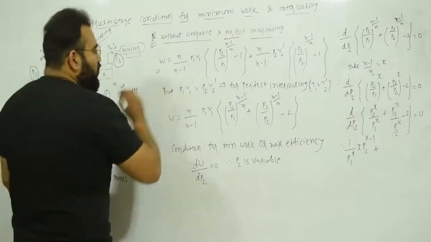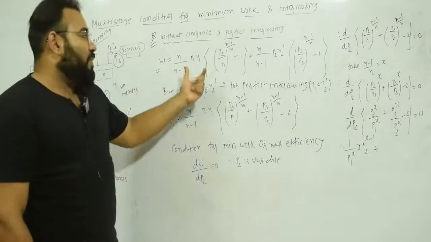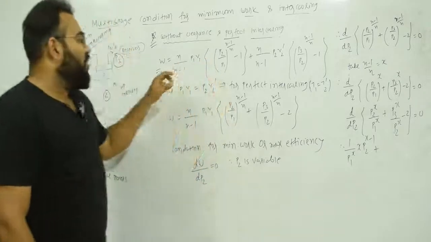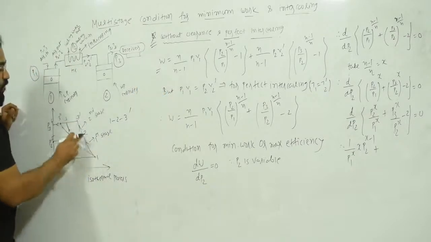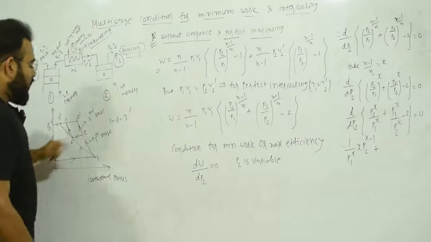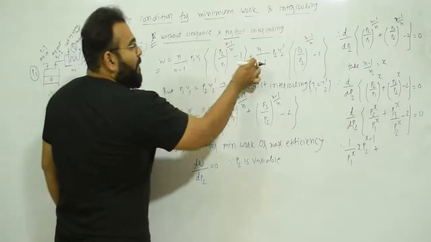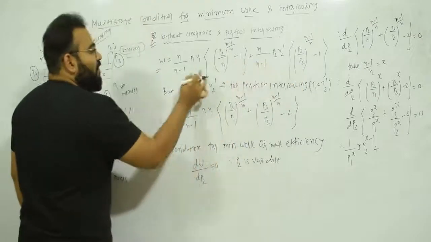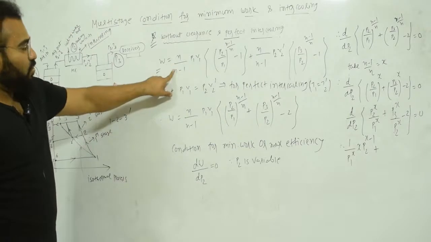Work done for two-stage compression, remember this equation, because this is the equation of single stage. First we will see the first stage, from 1 to 2. Here it is done in 2 stages, so total work will be first stage work plus second stage work. In the first stage, work will be n upon n minus 1.